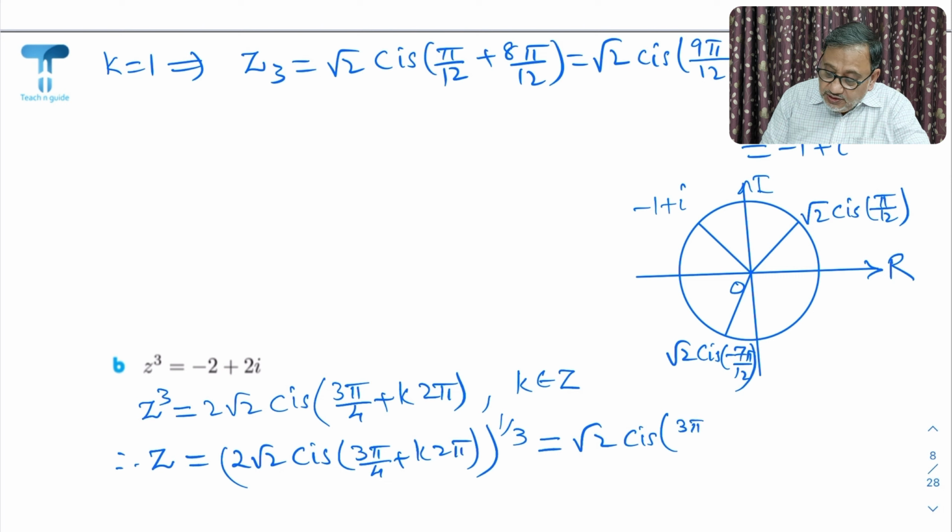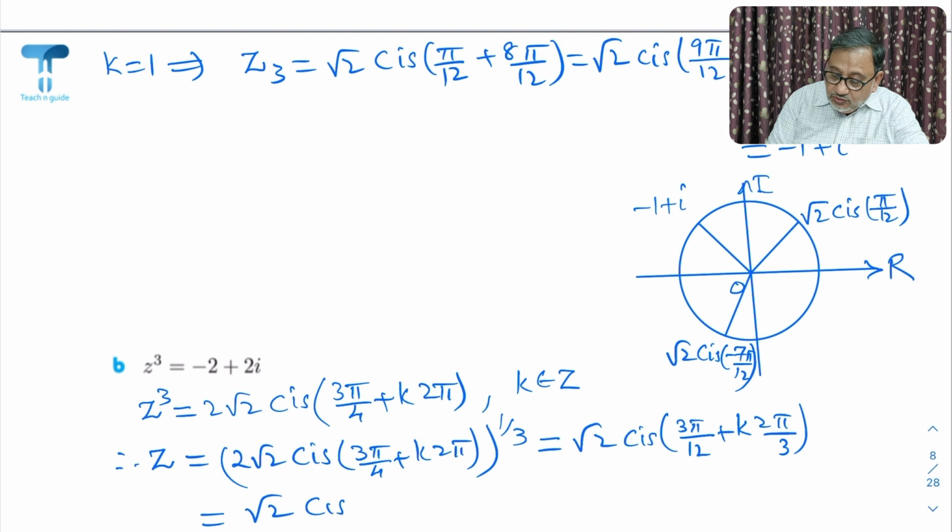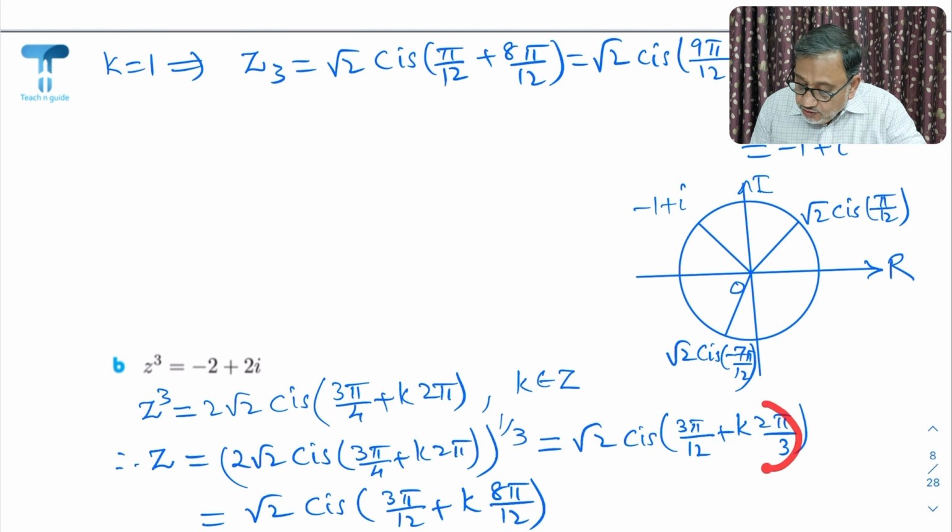So cis 3 pi by 12 plus k 2 pi by 3, but we want to make both of them the same like the last question. So root 2 cis 3 pi by 12 plus k 8 pi by 12. I am multiplying numerator and denominator here by 4, okay, 4 into 2 is 8, 4 into 3 is 12.